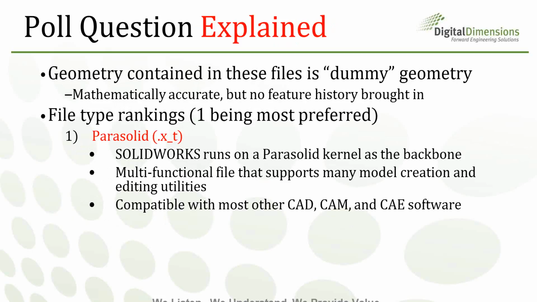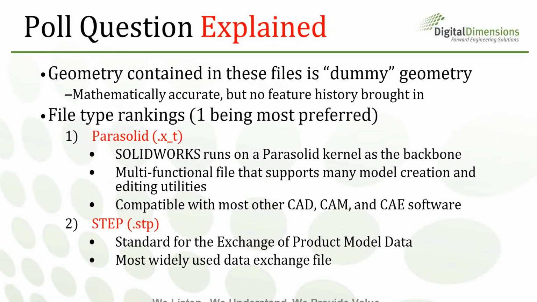So it actually takes the files that are Parasolids and imports them in with the best translation that it can. It's a multifunctional file that supports many model creation and editing utilities, which is also great. And it's compatible with most other CAD, CAM, and CAE softwares. So it's a great file to use. That's why I was a little surprised to see such a low amount of people using Parasolid.